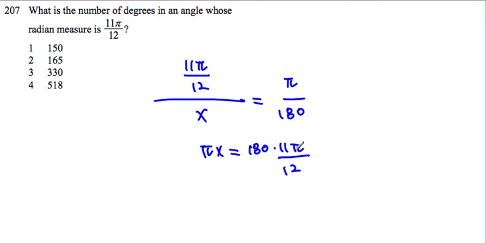Now here we can divide by 12, then I believe we get 15. Then 15 times 11, and pi cancels out, then x equals simply 165. So we get 165 degrees.